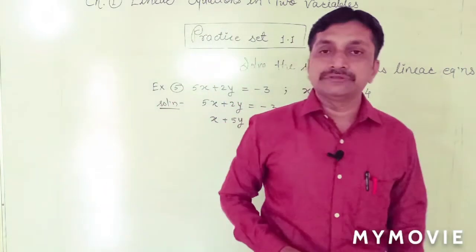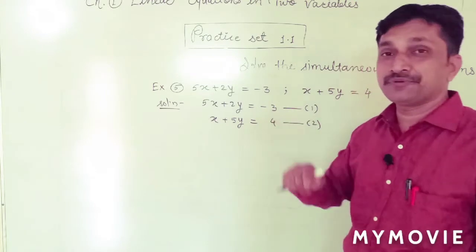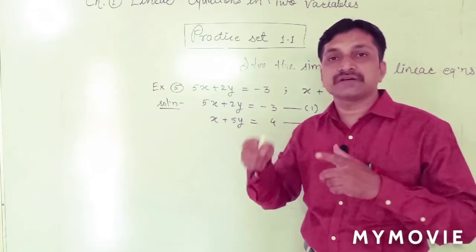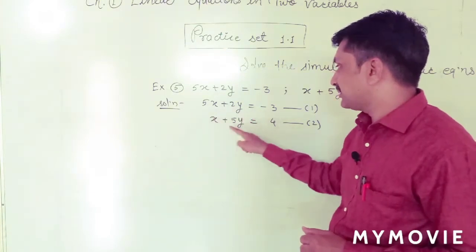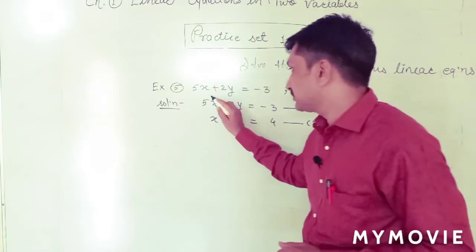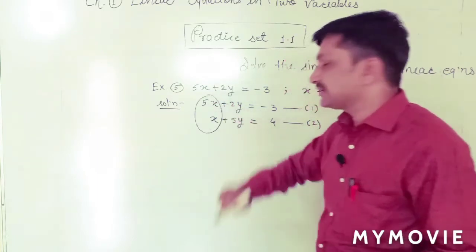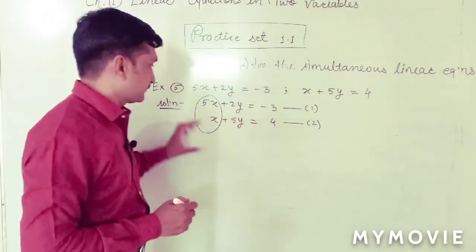Now, as I told, first of all you find out the coefficients. First we want the coefficients same and then we want signs opposite. Here coefficients are not same for any variable, not of x nor y. Therefore we have to equate them, and for that we select the x variable.